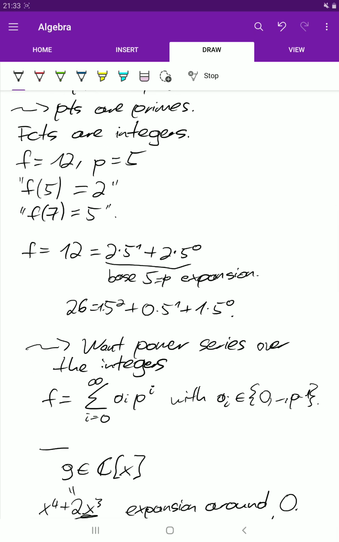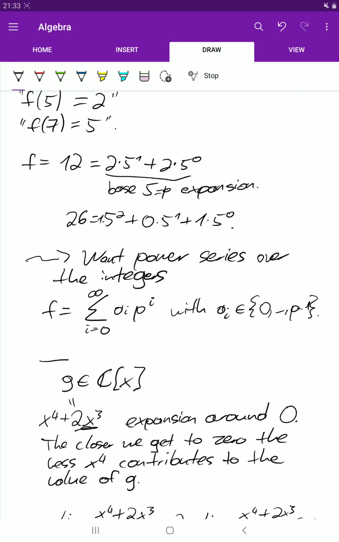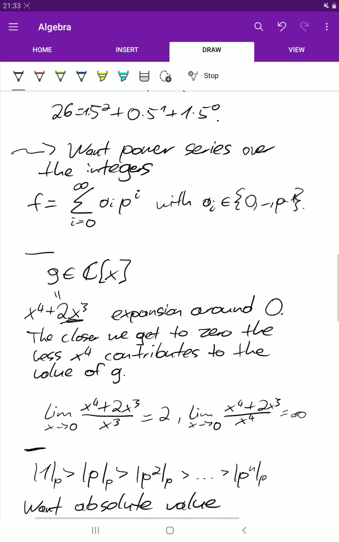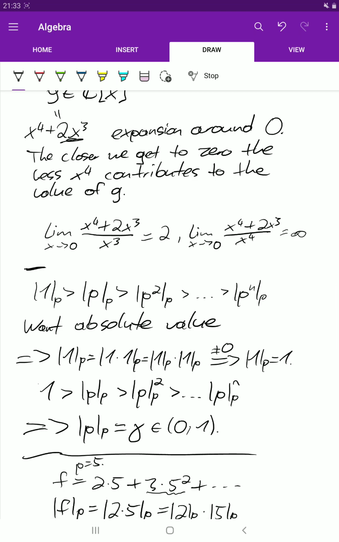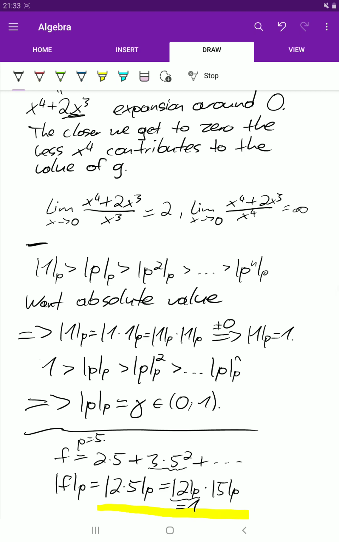We did Taylor expansion. We said that we wanted to consider power series and not just polynomials. Then we had reason, again by analogy, to want to have this inequality.